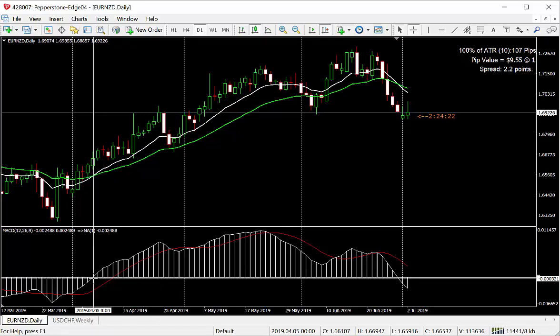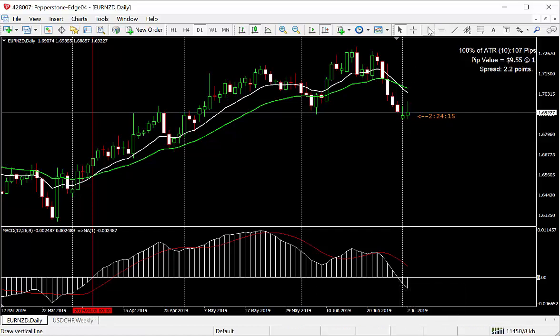Let me put a line there so you can see exactly what I'm saying. And whenever it crosses under 0, that means the histogram crossed under 0. So the histogram of the MACD is the difference, the distance between these two moving averages, 12 and 26.